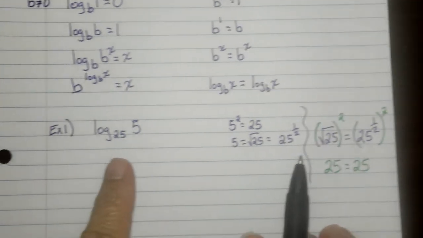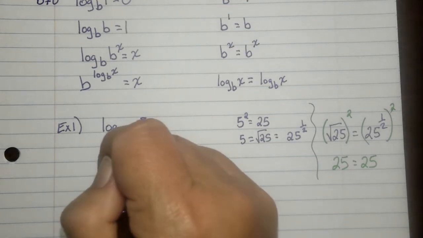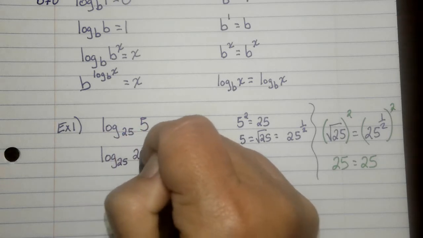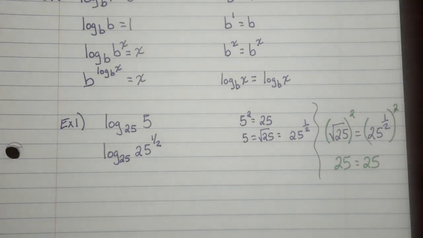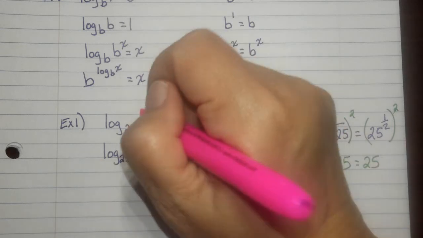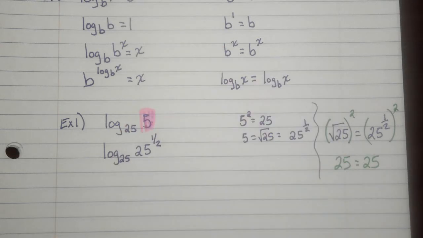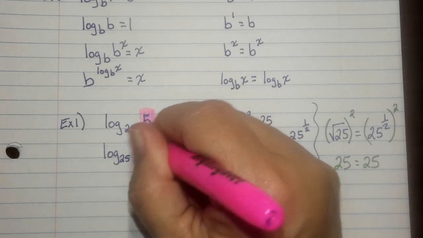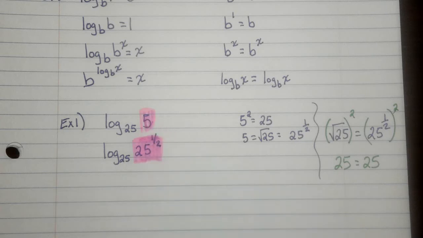So going back to this problem, I can take this number 5 and I can trade it out. I can substitute it for a 25 to the 1/2 power. So those of you that like to do some color coding in your notes, if we substitute, what I did was I took this number 5 right here, took it out of my expression, replaced it with 25 to the 1/2 power, because 25 to the 1/2 power is the square root of 25, which is 5.